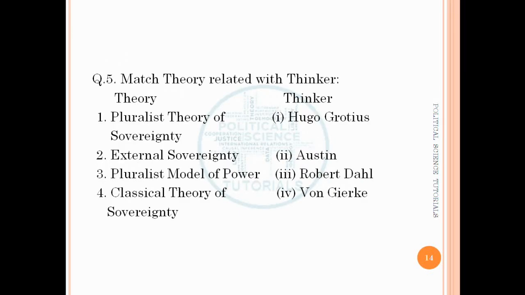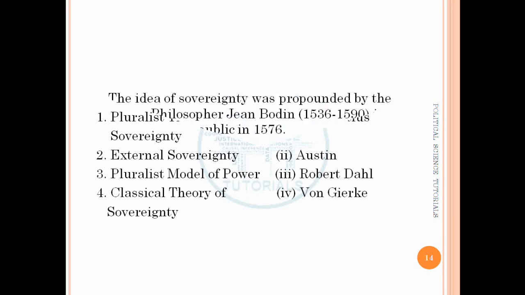Now question number 5. Match theory with thinker. Pluralist theory of sovereignty was propounded by Laski. External sovereignty was propounded by Hugo Grotius. Pluralist model of power was propounded by Robert Dahl, and classical theory of sovereignty was propounded by Austin.